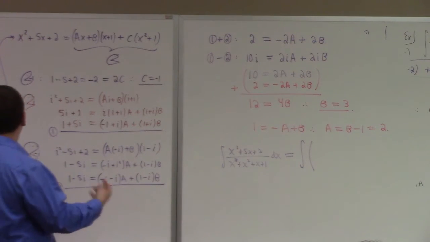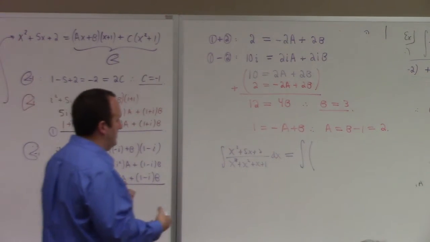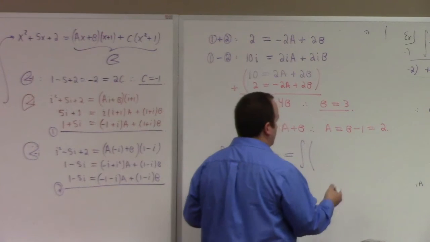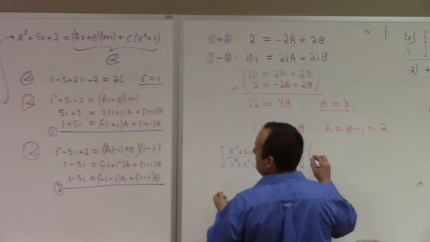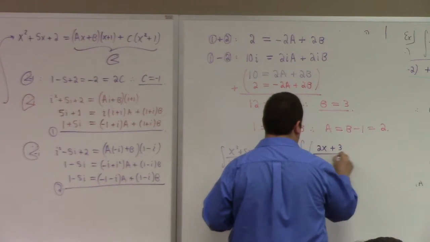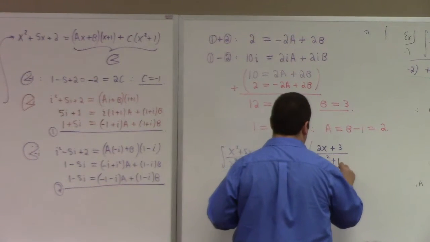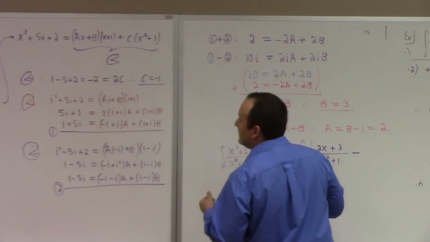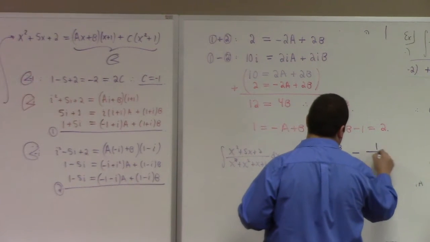Let's see, collecting our thoughts. I have 2x plus 3 over x squared plus 1 minus 1 over x plus 1.